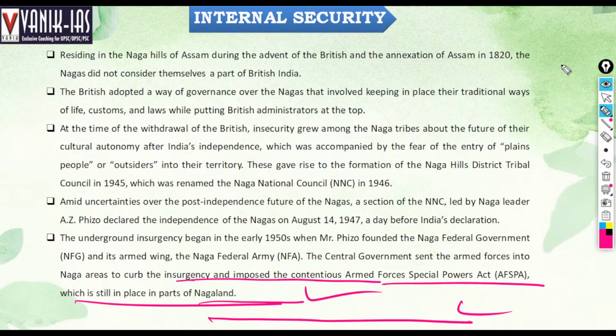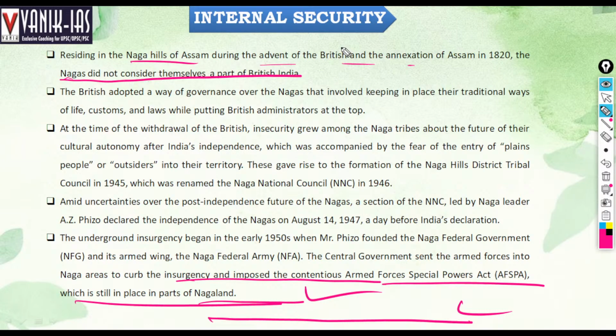Residing in the Naga Hills of Assam during the British annexation of Assam in 1820, the Nagas didn't consider themselves a part of British India. They were away from the Britishers.